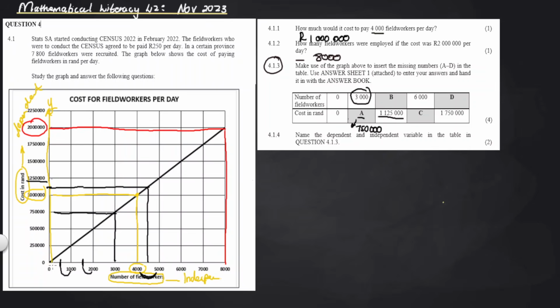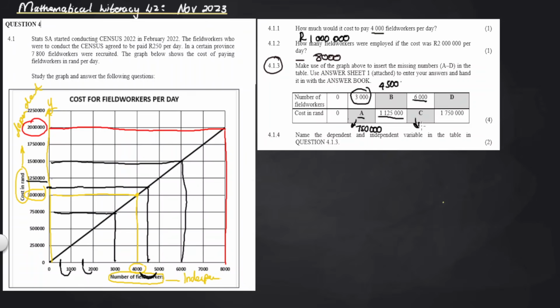So in between our values, it's where we get the 500 mark, right? It's gonna be 4,500. So the answer should be 4,500. That's it.